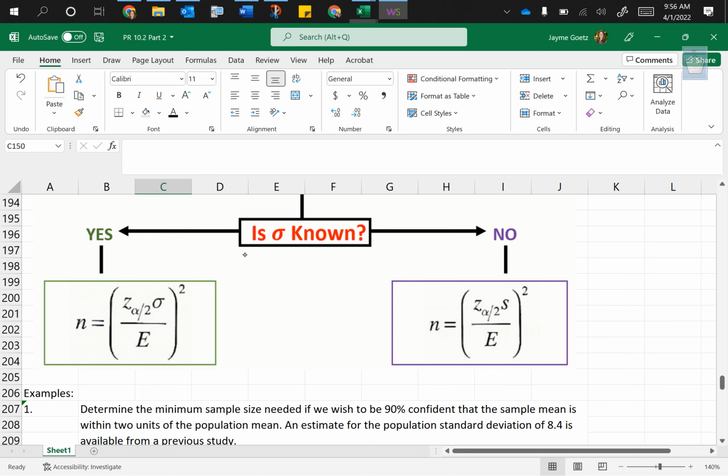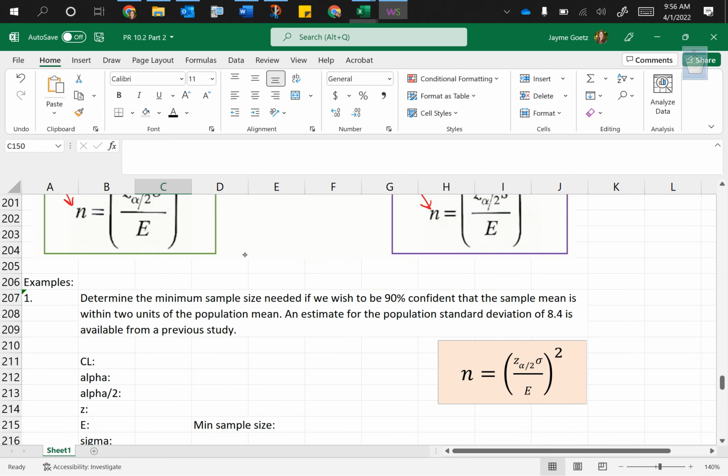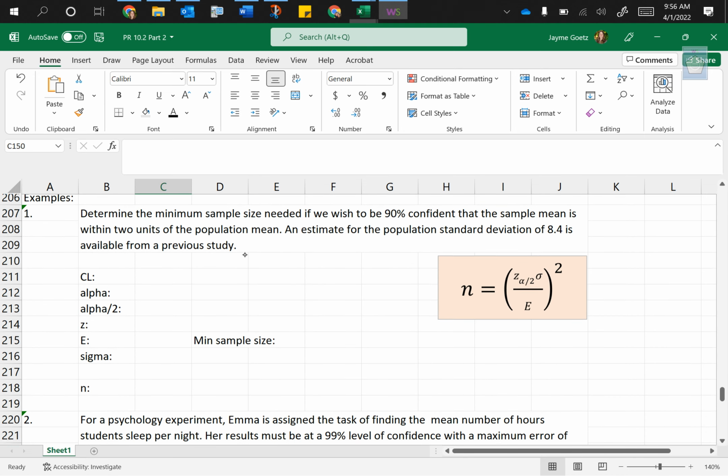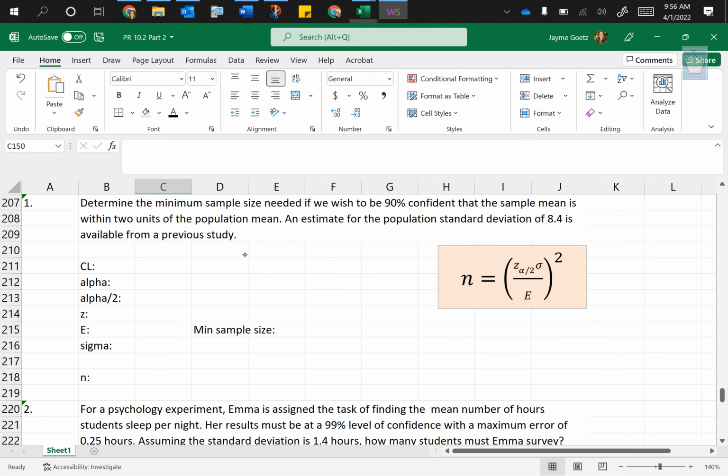Now, let's do some examples so you understand what we're talking about. Determine the minimum sample size needed if we wish to be 90% confident that the sample mean is within 2 units of the population mean. An estimate for the population standard deviation of 8.4 is available from a previous study.